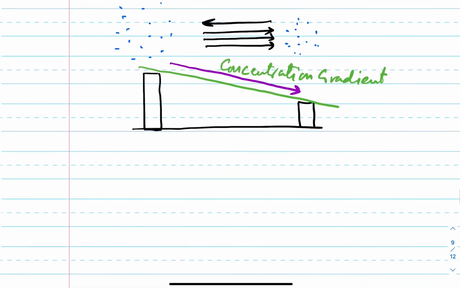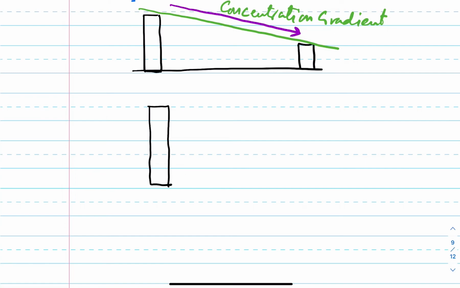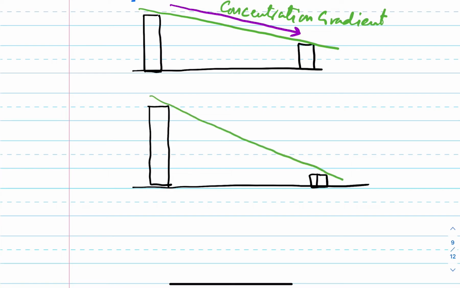So if concentration is increased further on region A and decreased on region B, what will happen to this concentration gradient? This will become steeper. So this is a steeper concentration gradient.